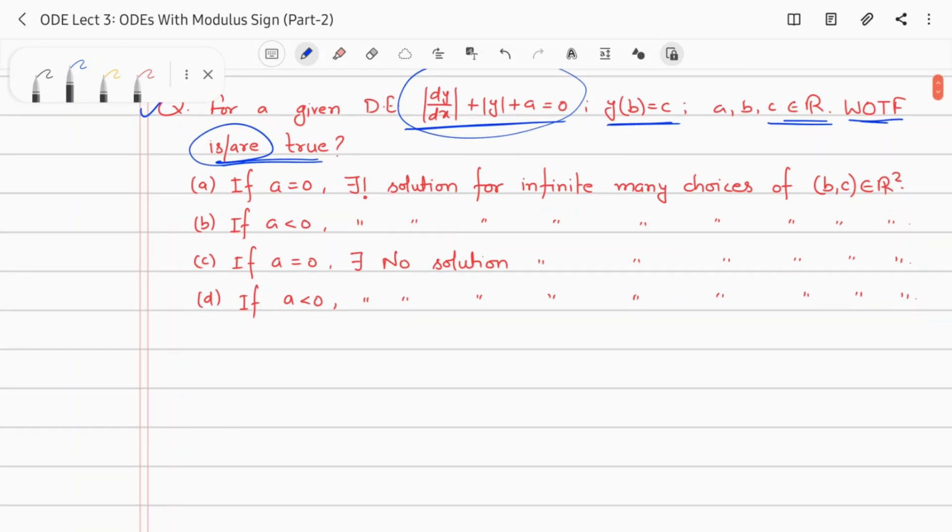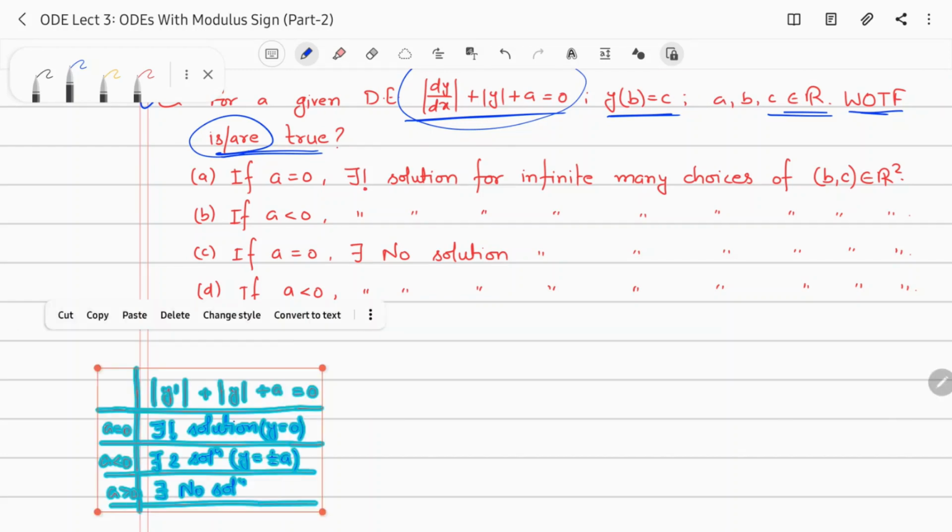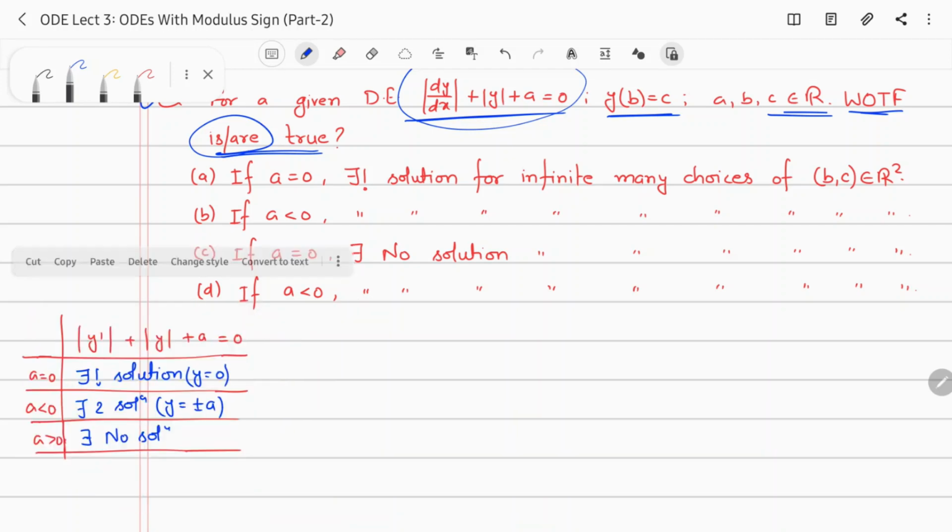So we have seen in the last video that we obtained a summary table like this. For this kind of differential equation, for a equal to 0 there exists a unique solution, that is the trivial solution y equal to 0.